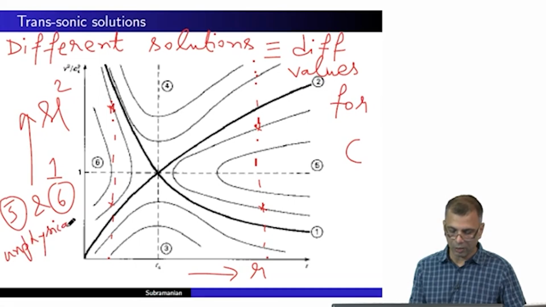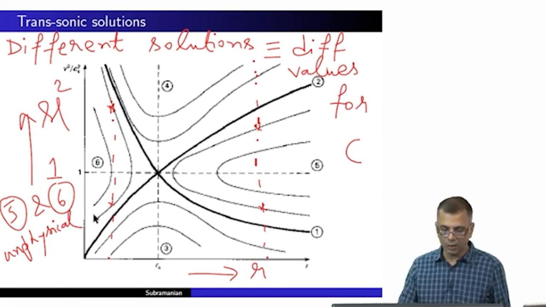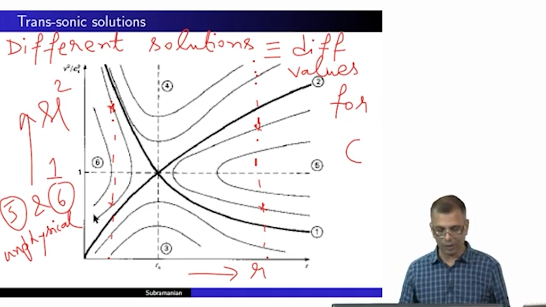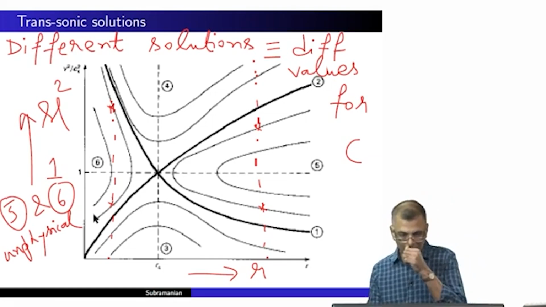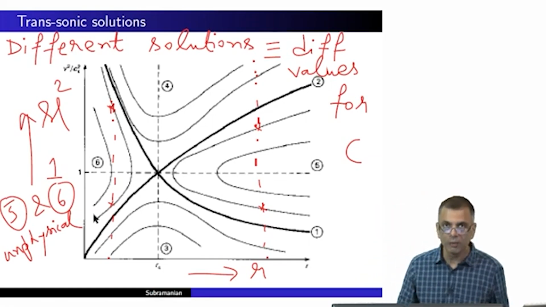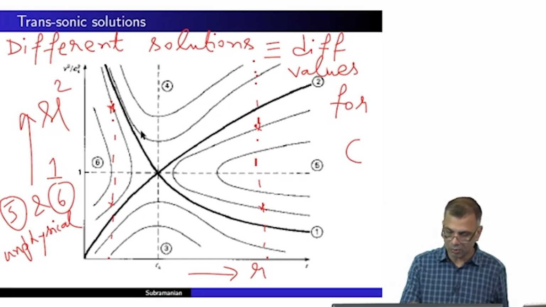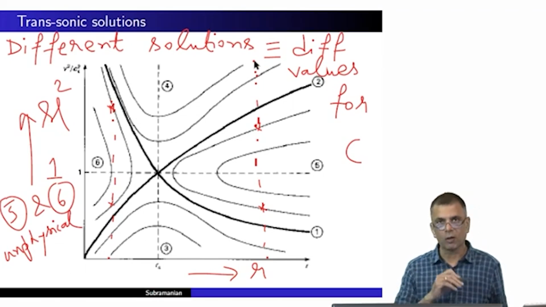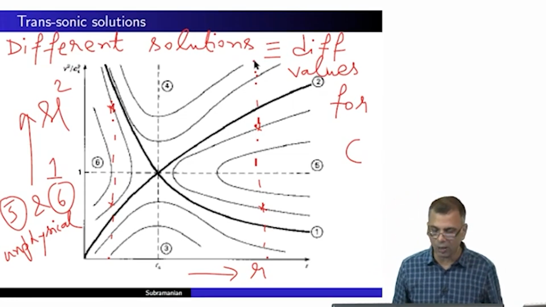They are mathematically okay, but we do not need to worry about them anymore. There is no point talking about them anymore. So, we really need to concentrate our attention only on solutions of the kind 1, 2, 3 and 4. These are the only solutions that deserve our attention from now on.